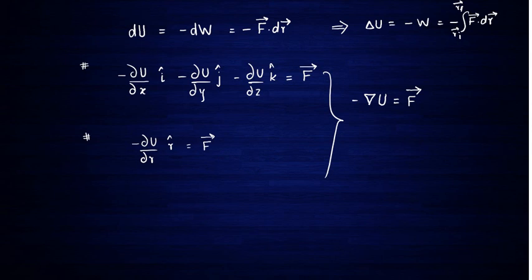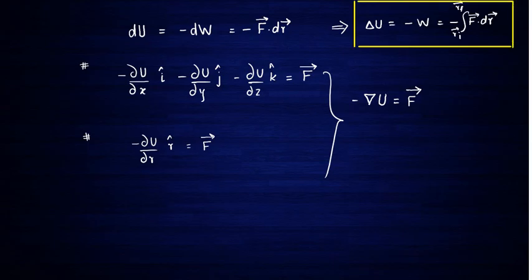So if F is given and then we need to find out potential energy or change in potential energy from F, then we have to use this particular expression. And in case potential energy is given and we need to find out the force F, then in that case we have to use this particular expression.